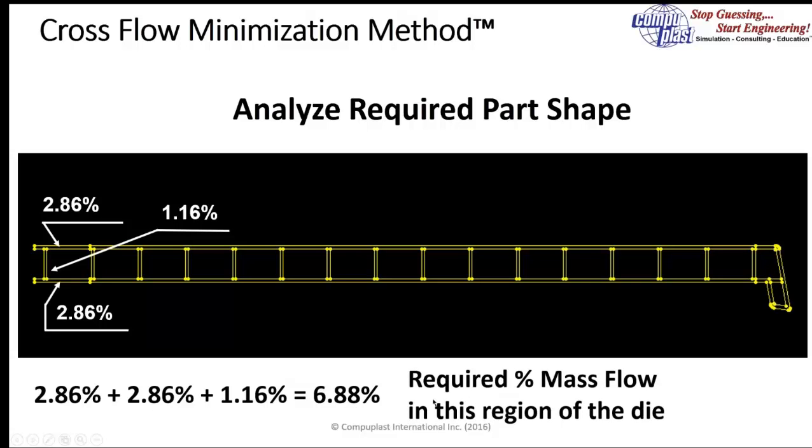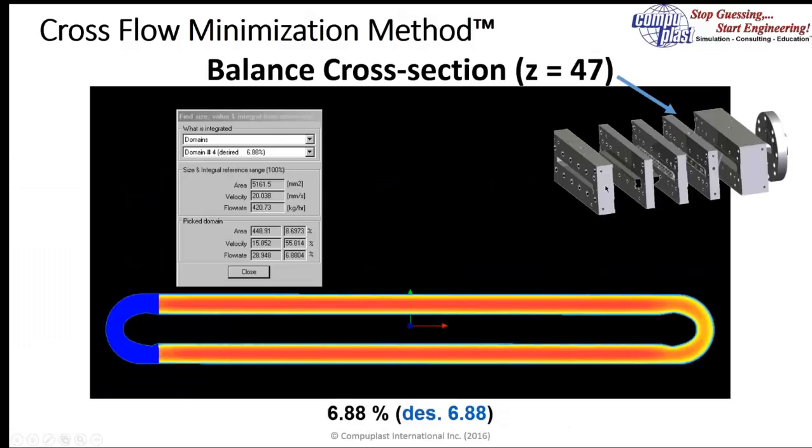The mass flow in that region must be delivered at every cross-section.